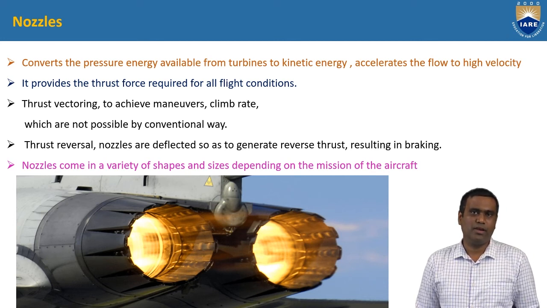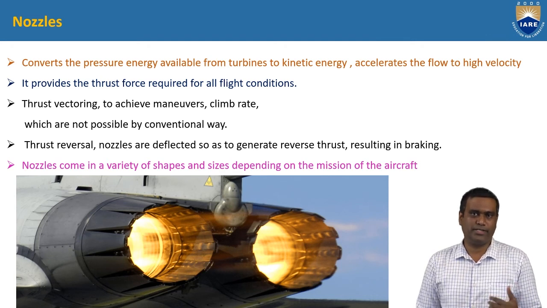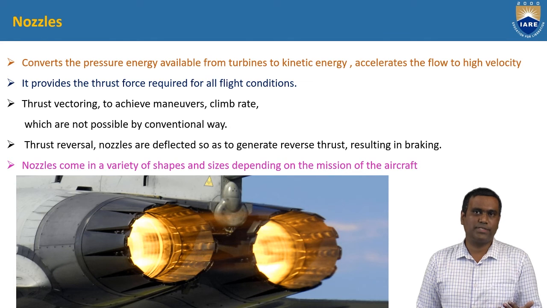Thrust vectoring is directing the thrust in a particular or desired direction. This enables different maneuvers which are not possible in the regular way, maybe a high climb rate, likewise.